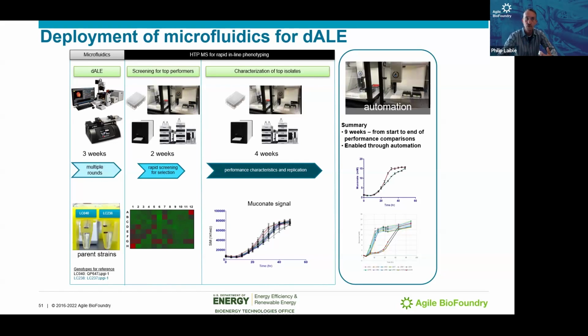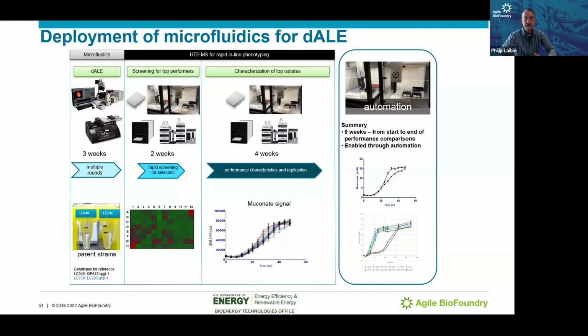If we're employing this microfluidics approach for droplet-based evolution experiments, then we set up these growth experiments in the droplets, and we do multiple rounds. So we get further and further evolved strains that have larger and larger tolerances to what you're interested in improving the process for.